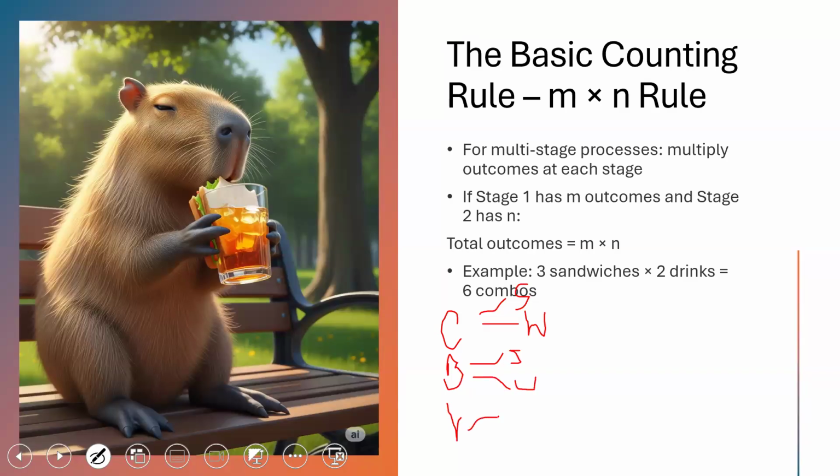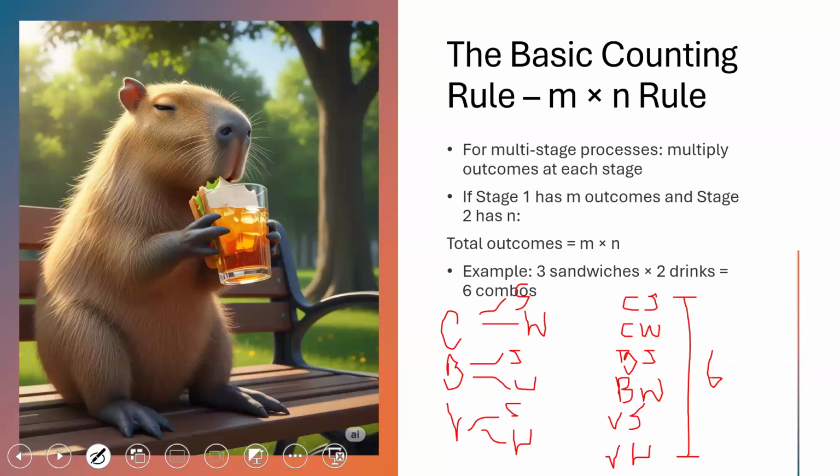combos are possible. So I could tree diagram it, do a soda and water for each choice of sandwich, then total my outcomes, right? I have a chicken with soda, a chicken with water, beef with soda, beef with water, veggie with soda, and veggie with water, for a total of 6 possible outcomes.